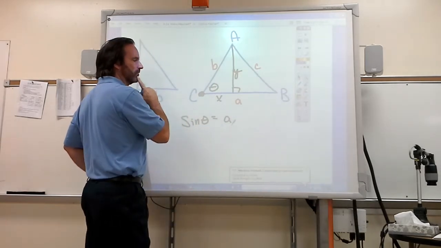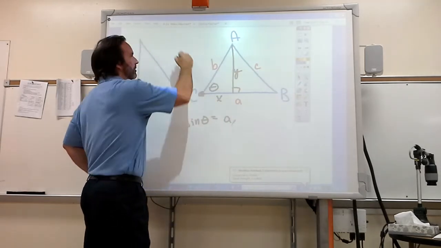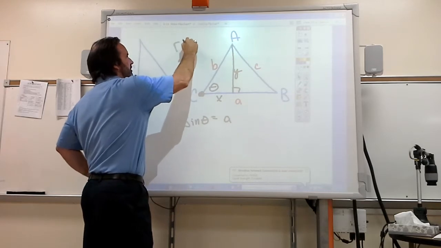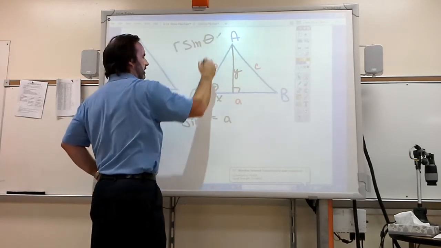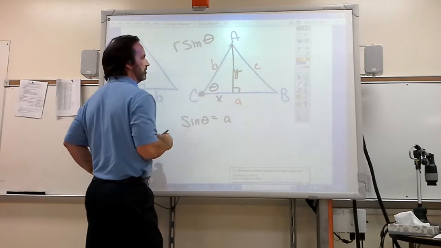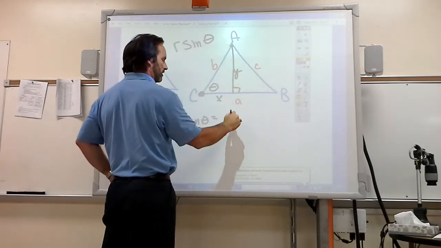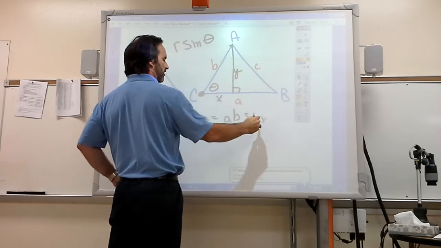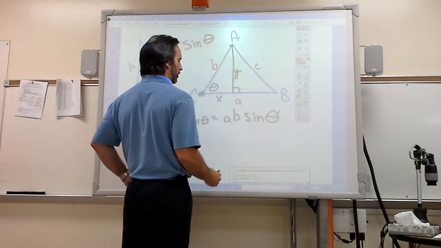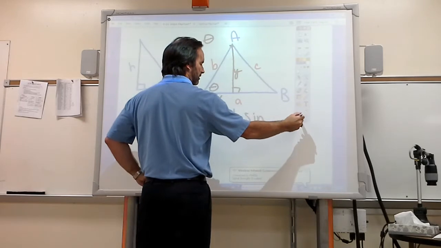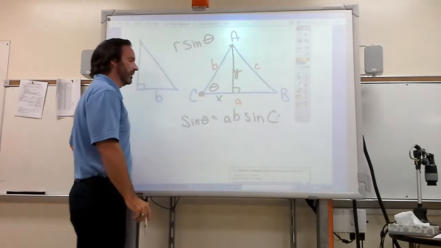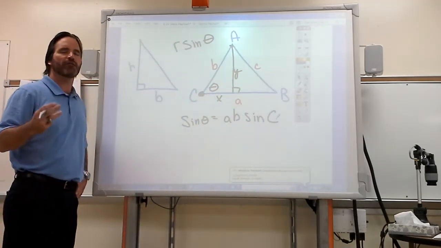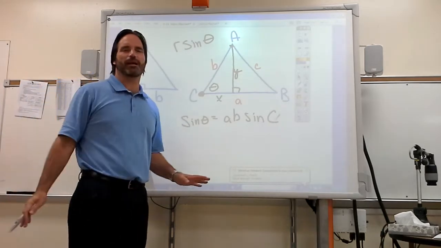Remember what the y component is? Remember, y component is r sine theta. So this is my unit circle. It's going to be b sine of that theta there, which is going to be c. Notice you're going to have 3 different formulas that mean the exact same thing.